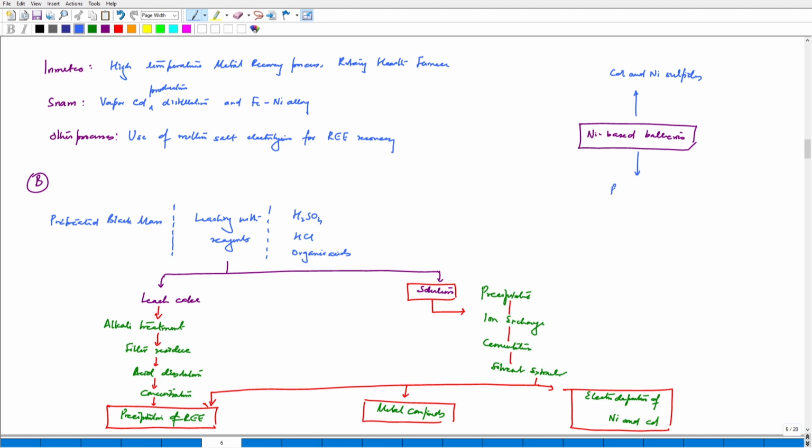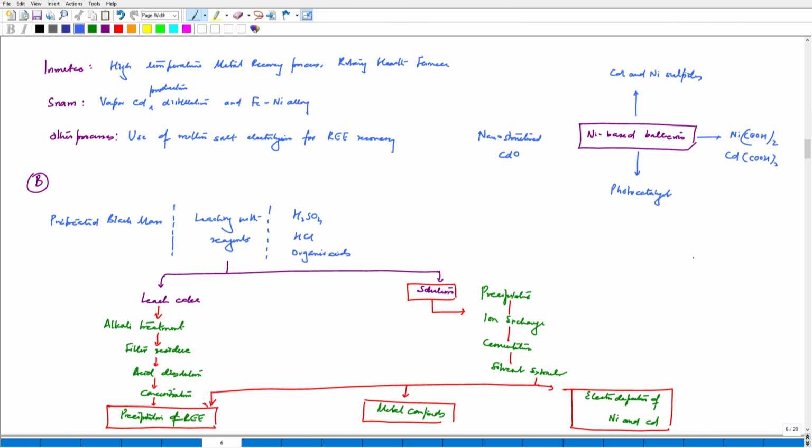We can also get photocatalysts based out of nickel based batteries. Of course, we can also get NiCOOH and CdCOOH twice, or we can have nanostructured cadmium oxide.